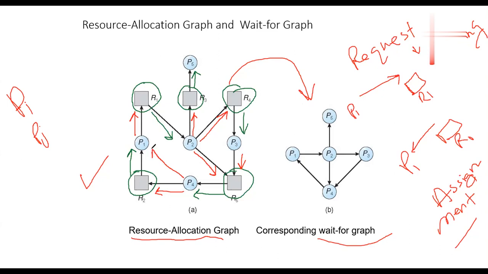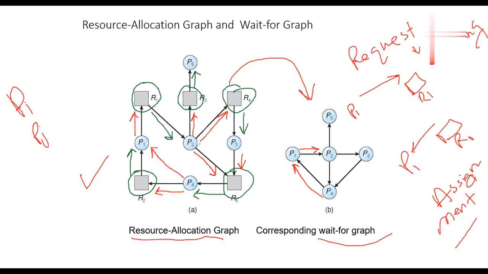So it means P4 is actually waiting for P1, that when P1 releases R2, then I will hold that R2. So I will draw that P4 is waiting for P1. Let's find who P1 is waiting for. P1 is waiting for P2 because P2 is holding R1 and P1 is waiting for that. So P1 is waiting for P2.